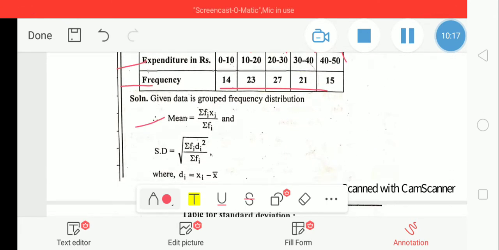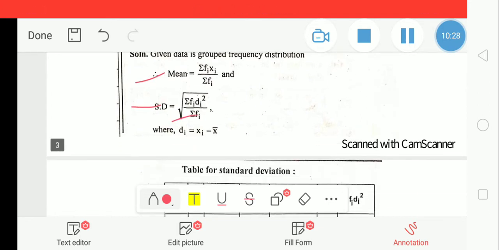So the mean is summation of fi xi divided by summation of fi, and the standard deviation is the square root of summation of fi di square divided by summation of fi. We know that di is xi minus x bar.